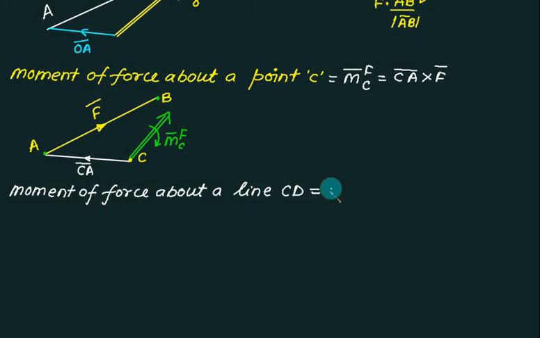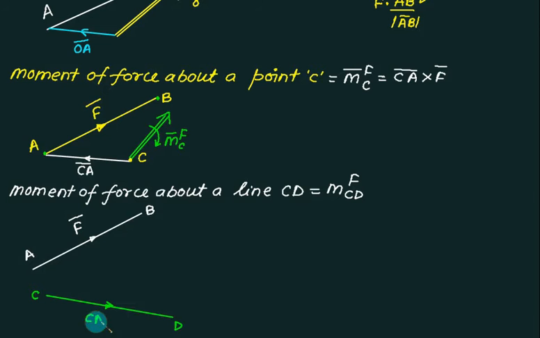We wish to find the moment of the force about the line CD. This is one force acting from A to B, with a magnitude of F, and the vector is represented by F bar. The vector equation of the line is CD bar.